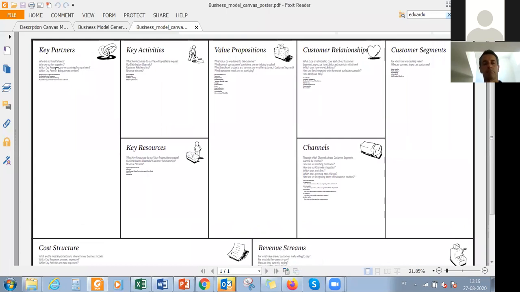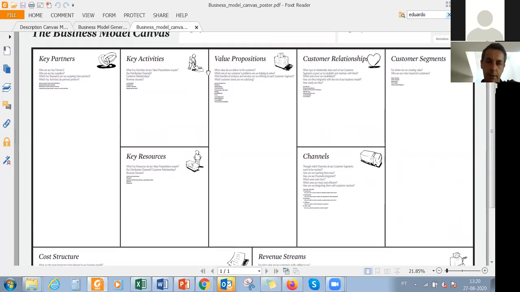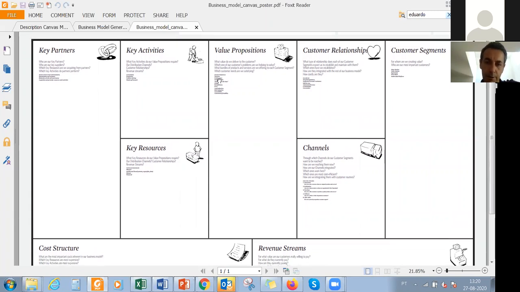We can print it in a large format so people can draft, maybe put it on the wall, have a discussion around the table, and use the canvas to write down the key elements in each of the 9 building blocks.